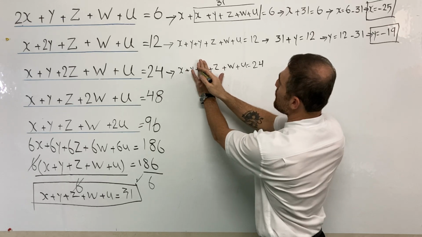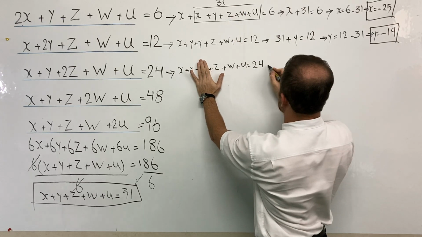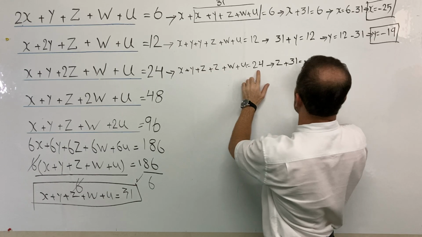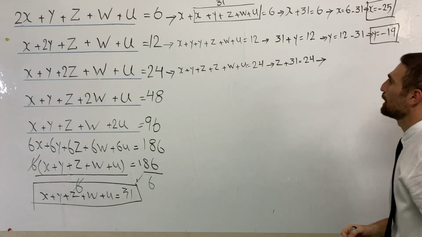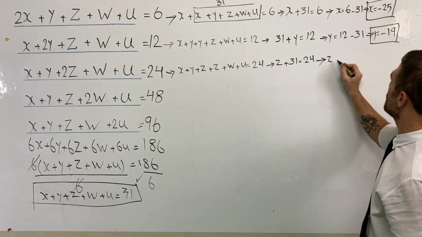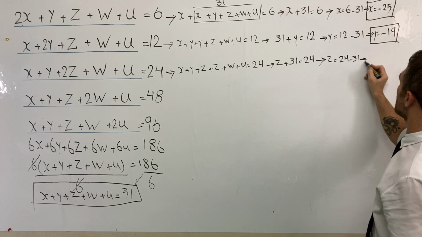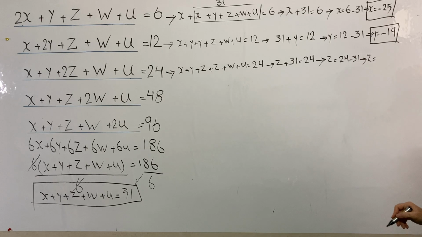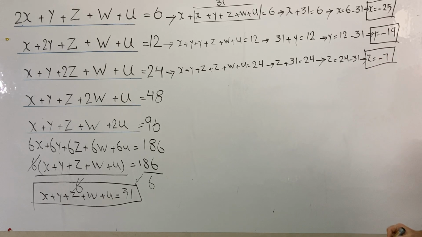So what is x plus y plus z plus w plus u? 31. So I can write z plus 31 equals 24. So let me find the value of z. Z is going to be 24 minus 31. So z is same as 24 minus 31 or negative 7.